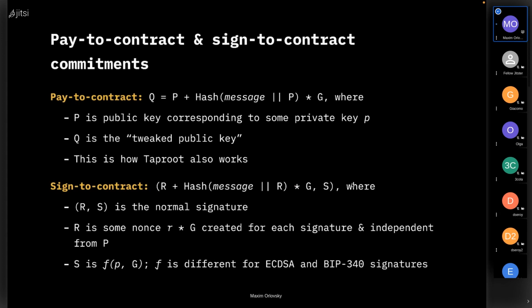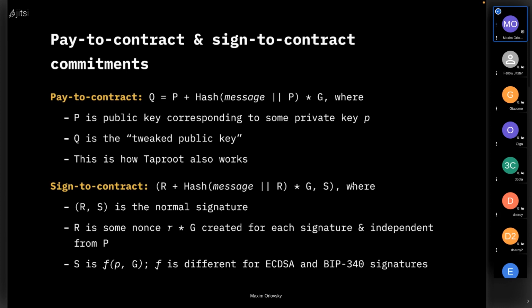They are well known for quite a long time, originally described in the Eternity Wall company article, later bought by Blockstream. And pay-to-contract commitment is actually a homomorphic modification of a public key from a script pub key, where we commit to the message by adding the integer value of the hash of that message to the public key.